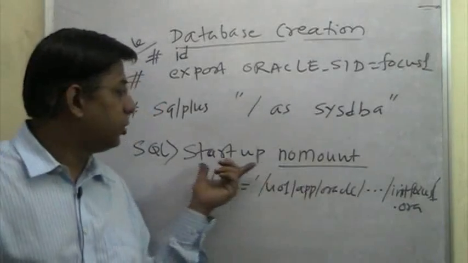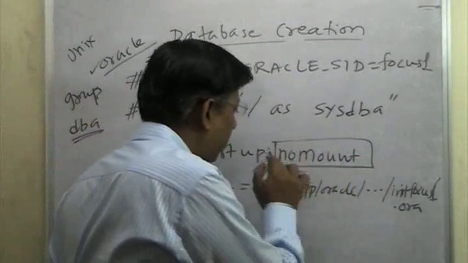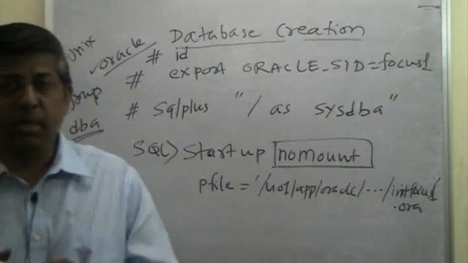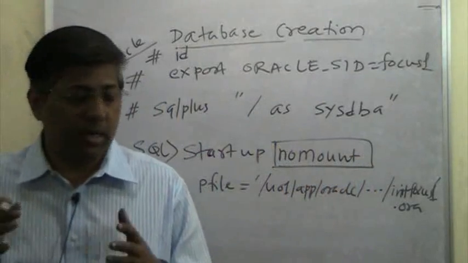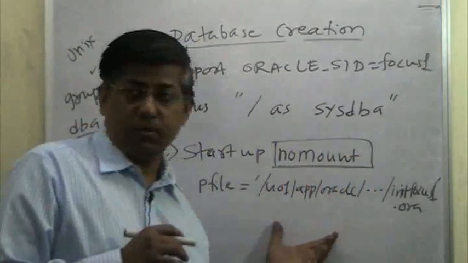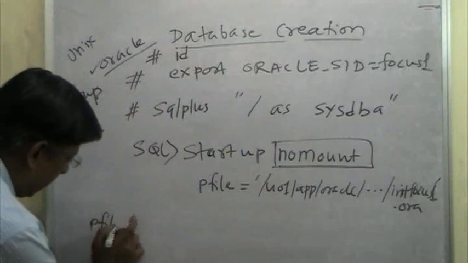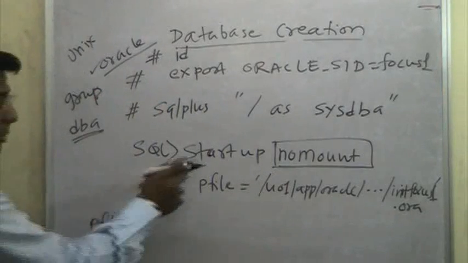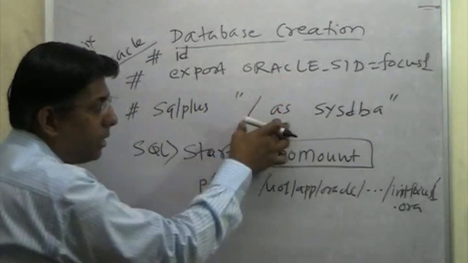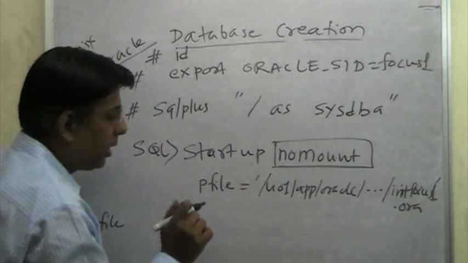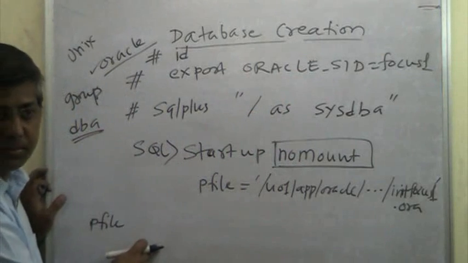And the instance is just started in a state, in a phase called the nomount phase. What is the meaning of a nomount phase? It means you don't have anything other than the pfile with you. If you have the pfile with you, you can start up the Oracle instance. That means you will assign the SGA and the processes will be started, and that state will be called a nomount state.